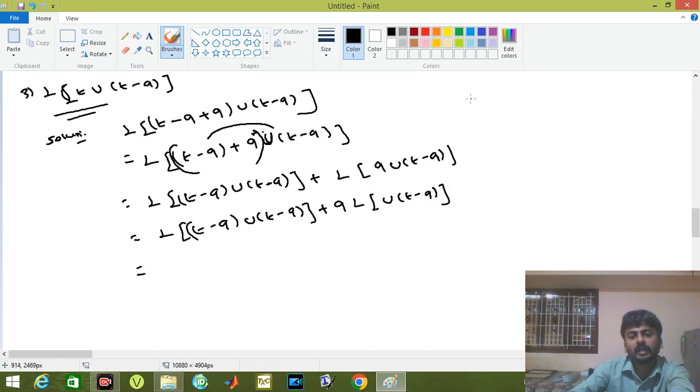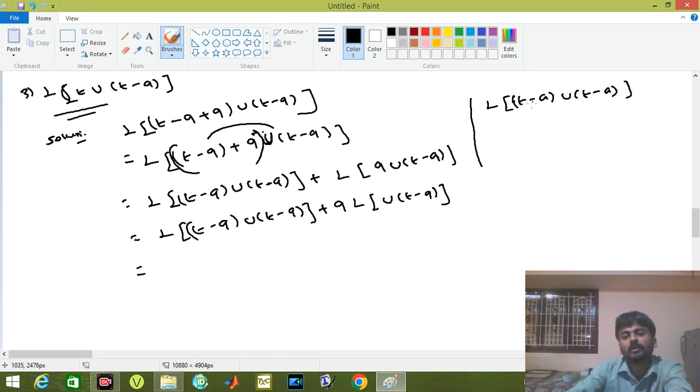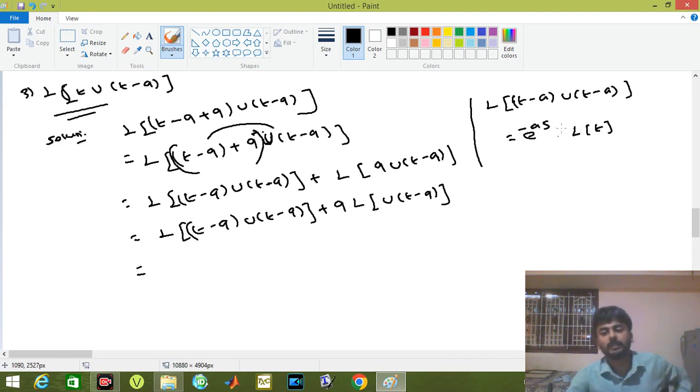There is a property that L of (t minus a) u of (t minus a) equals e power of minus as into L of t.